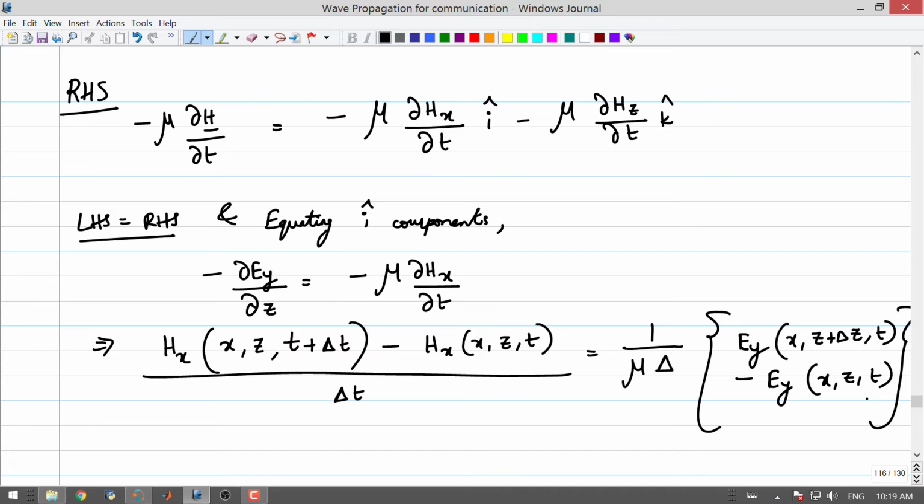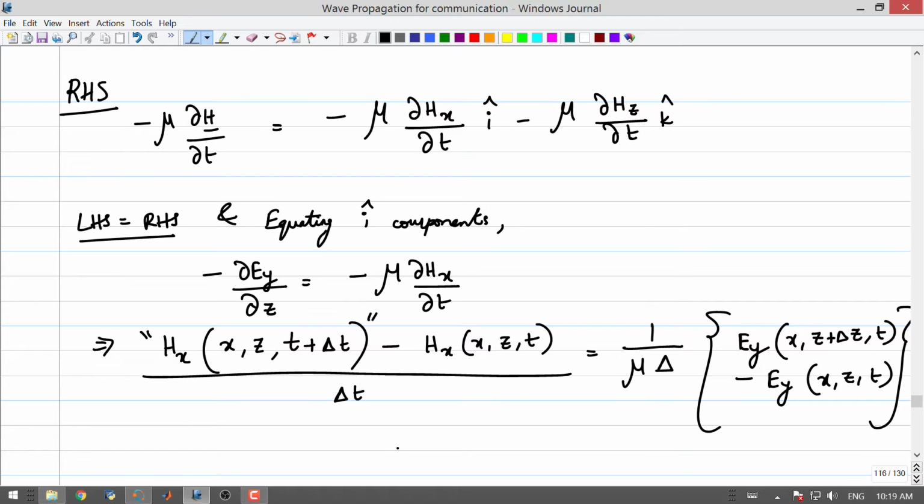Now, the unknown quantity is the first quantity over here. All the remaining terms go to the right side, and that gives you the second equation for finding out Hx at the future instant. So, the objective is you had some Hx, Ey, Hz. You have to find out the value of each of these components at the next instant of time, provided you have the values of all the other components at the current instant of time.